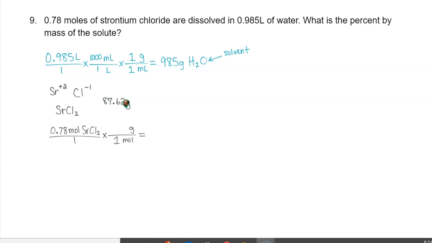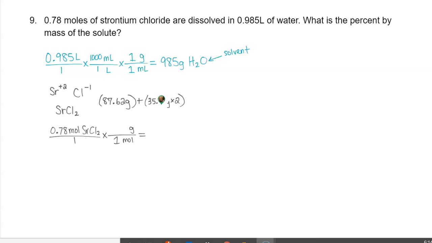And we just have 1 strontium plus the mass of our chlorine, which is 35.43. And then we have 2 chlorines. We have to multiply that mass by 2. So 35.43 times 2. Or sorry, I actually wrote the wrong mass here, 35.45.